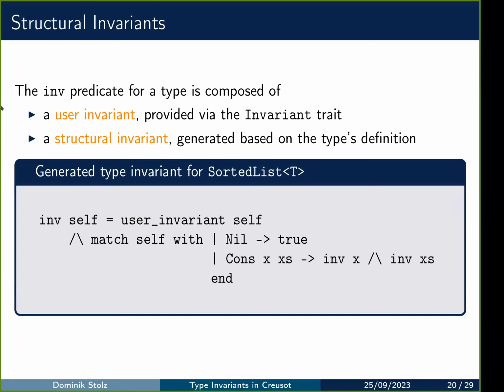And so we match self with either the empty list, which has a true structural invariant, or the head and tail, and then we also include the invariant of the head and recursively the invariant of the tail.